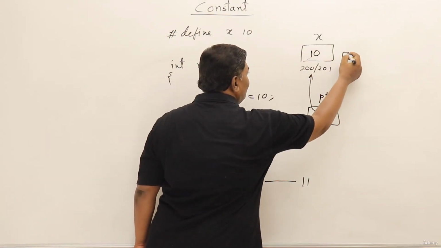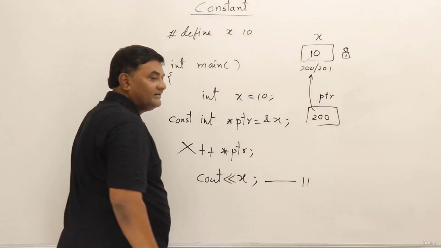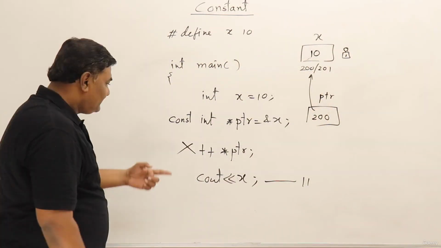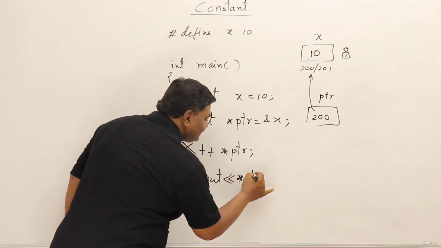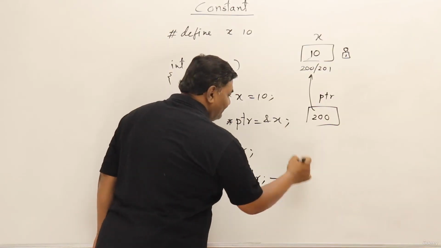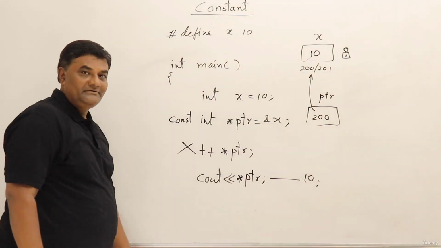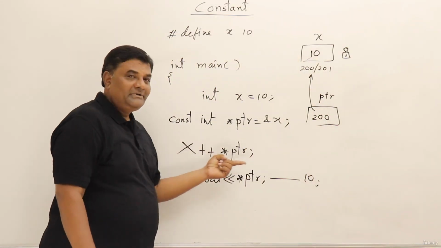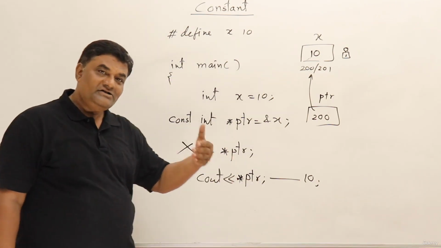This data is locked for this pointer, right? Data is locked. But can I say star ptr here? Yes, if you say star ptr, then the value 10 will be displayed. So it can read this value, but it cannot modify it. So this increment cannot be done. So that's it. Pointer to an integer constant.